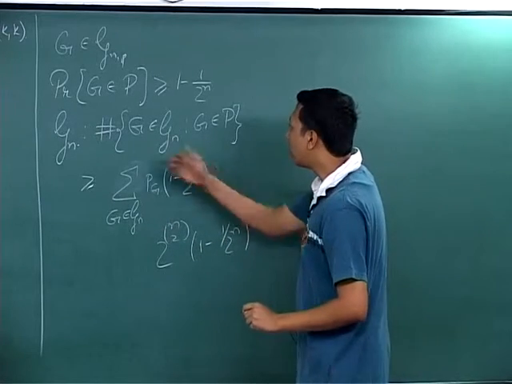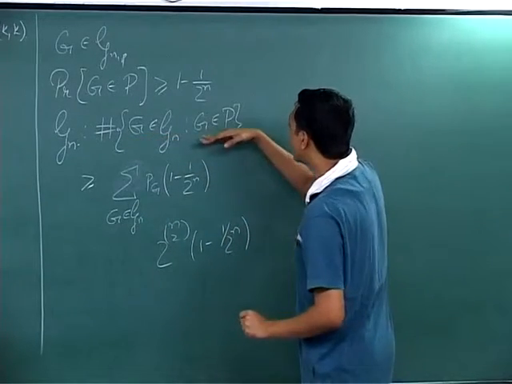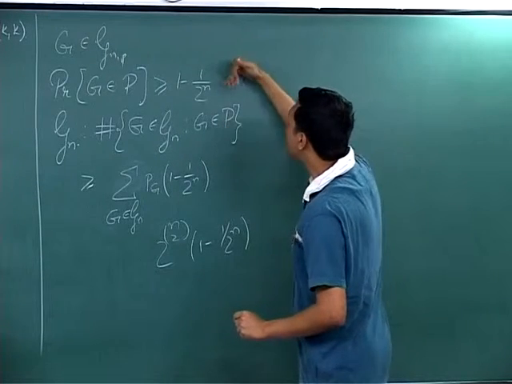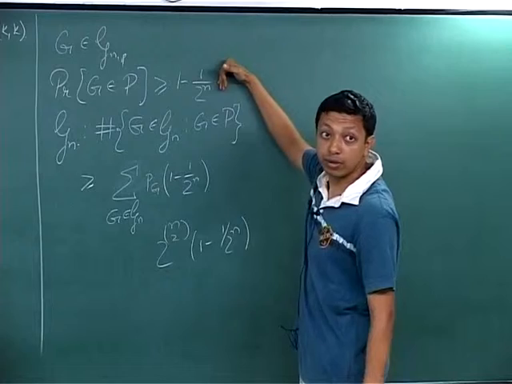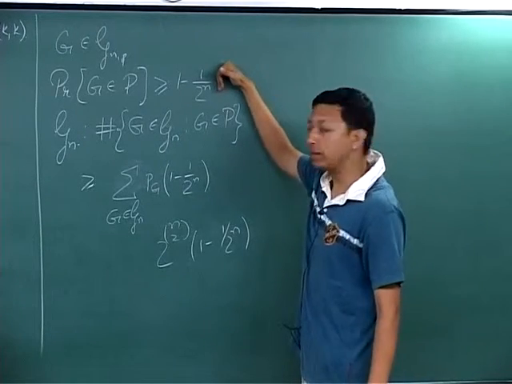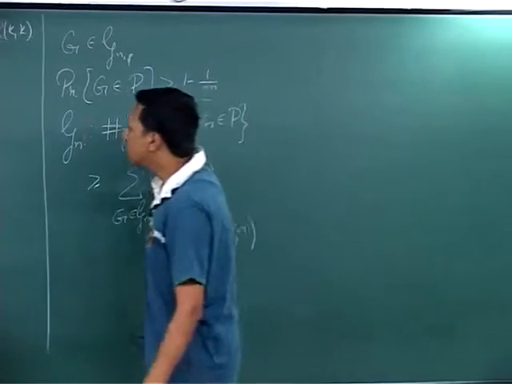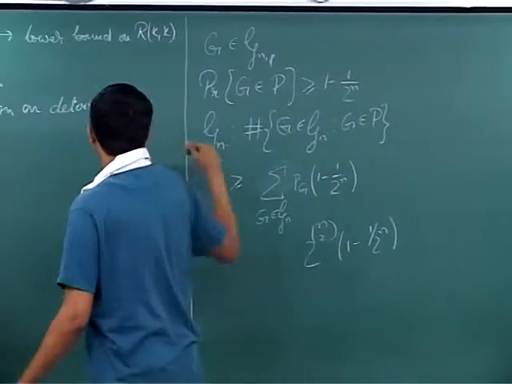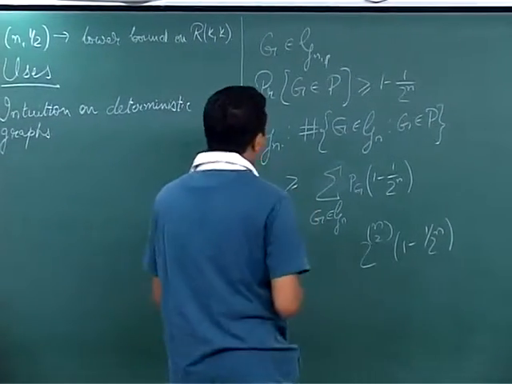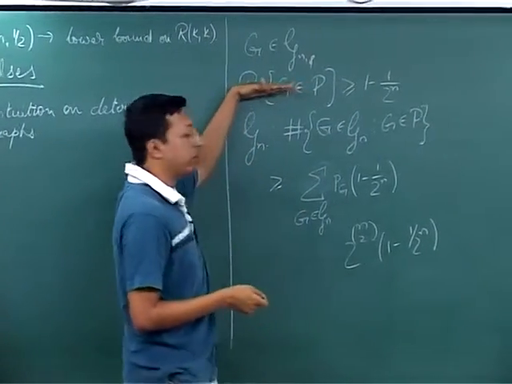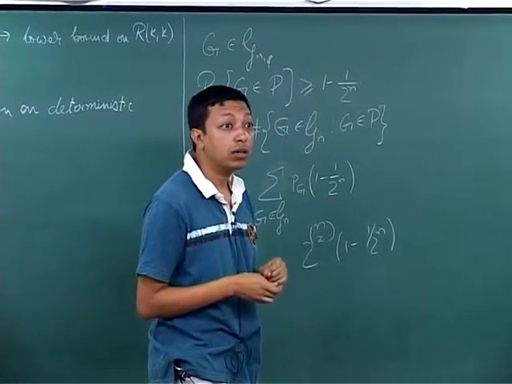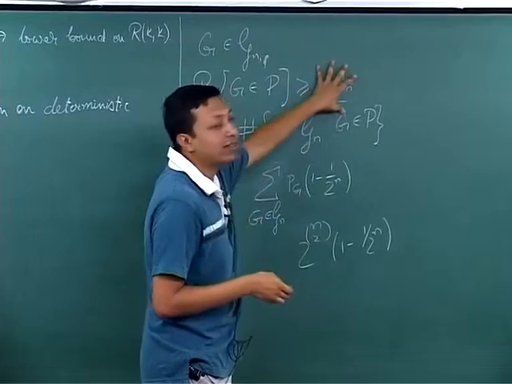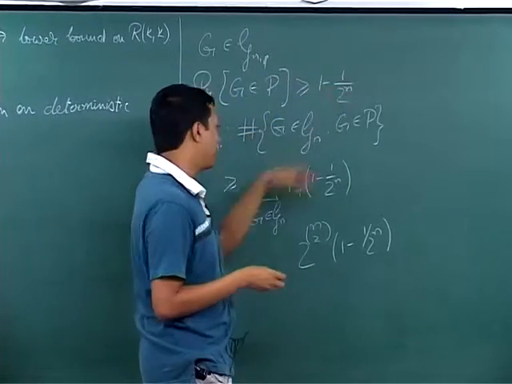But you can see that the number of graphs which satisfy the property P is related to the probability that a random graph satisfies the property P. So what it says is that if a random graph satisfies a certain property with very high, yeah. How do you get this 1 minus 1 by 2 pi and what is that? No, this is just an example.